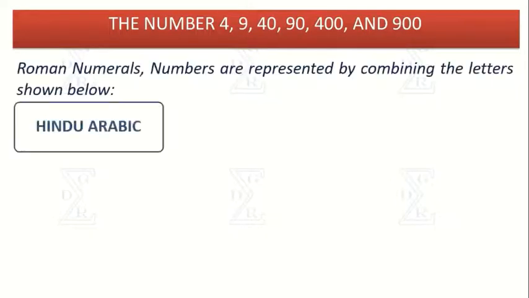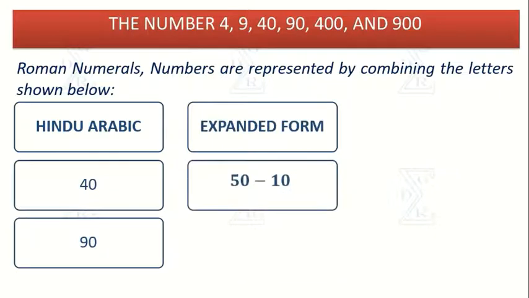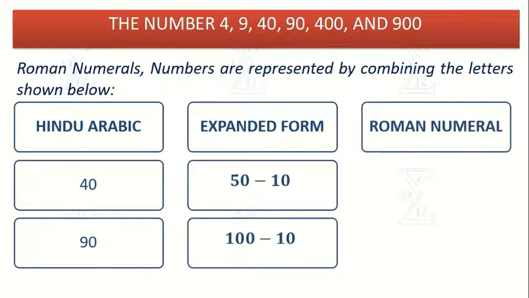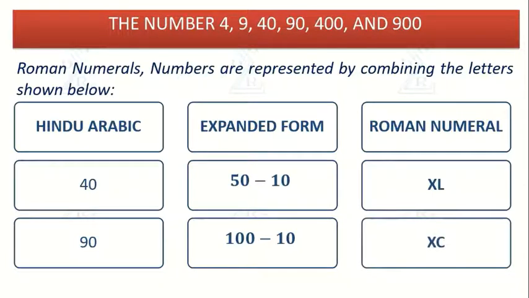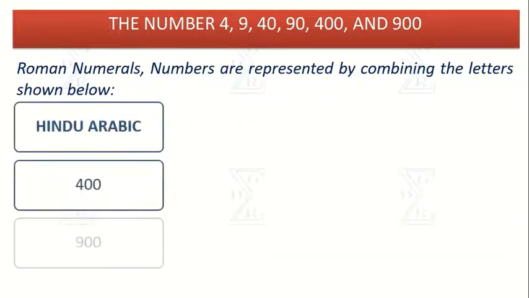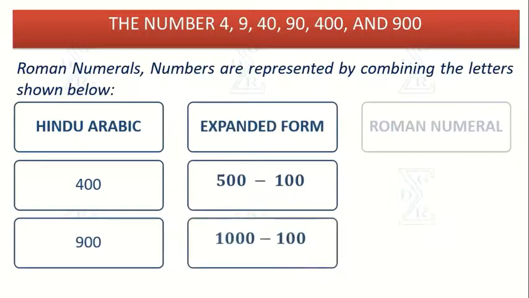Let us check 40 and 90. The expanded form of Hindu-Arabic numerals is 40 as 50 minus 10, 90 as 100 minus 10. So we can write 40 as XL and 90 as XC. Let us check 400 and 900.